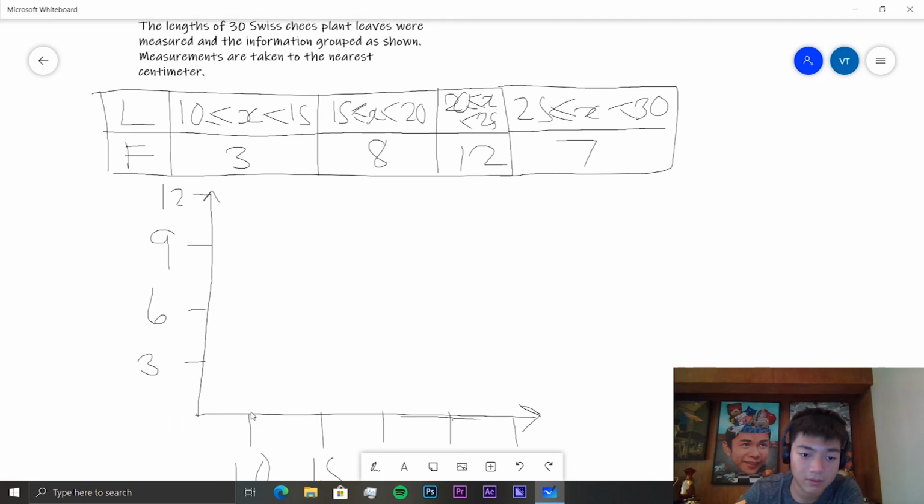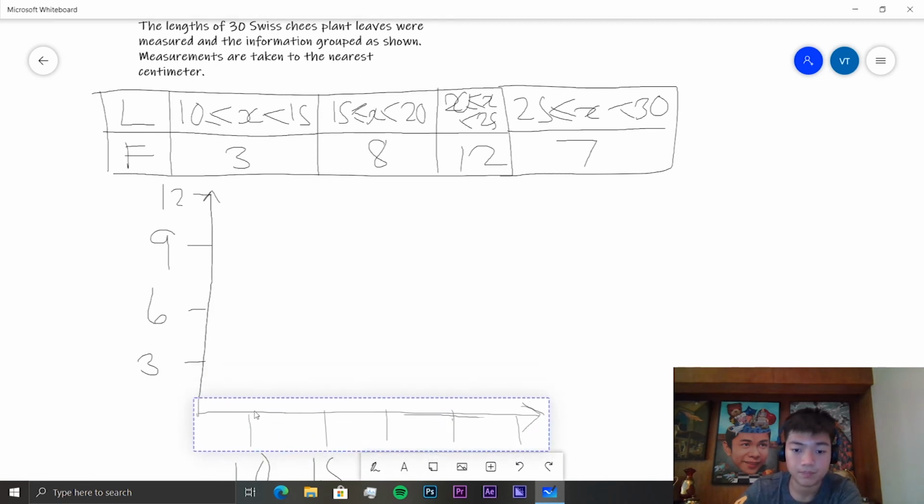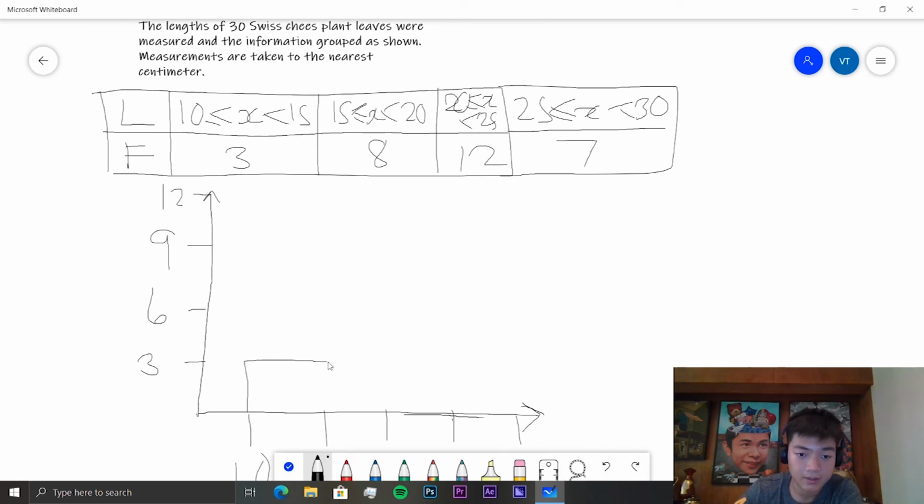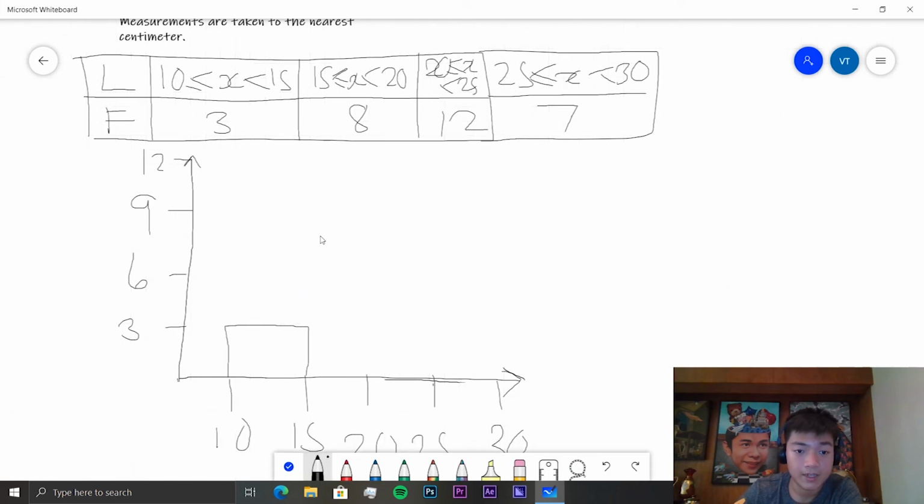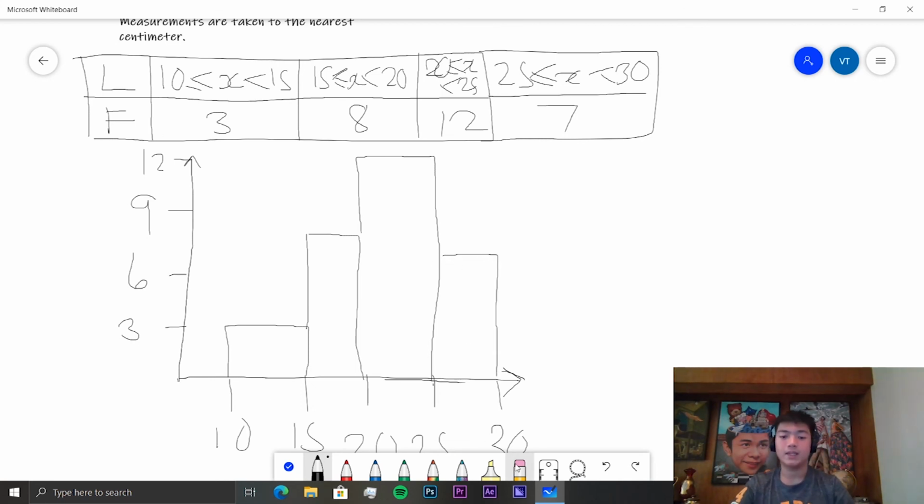From 10 to 15, we have a frequency of 3. From 15 to 20, we have a frequency of 8, so I'll put that on there. From 20 to 25, we have a frequency of 12. And from 25 to 30, we have a frequency of 7. So this is what our histogram looks like.